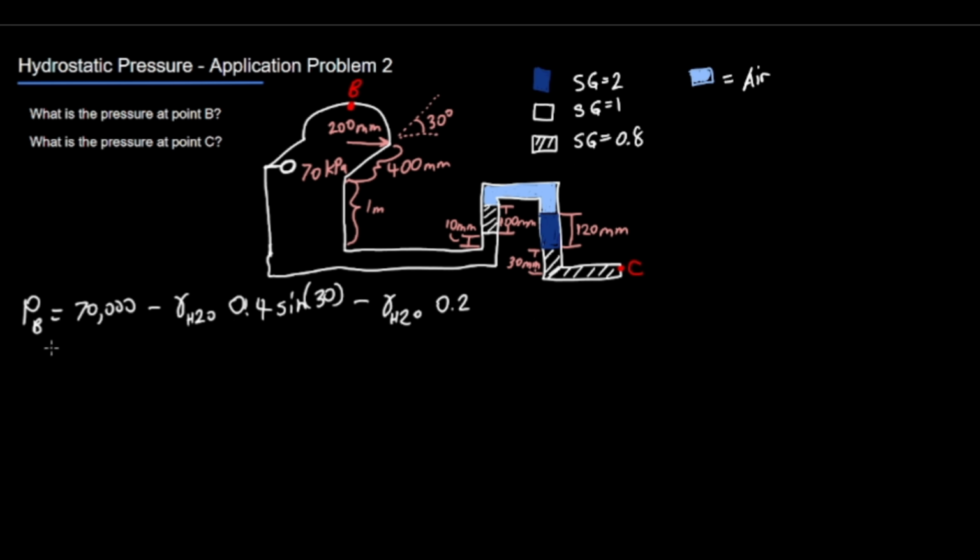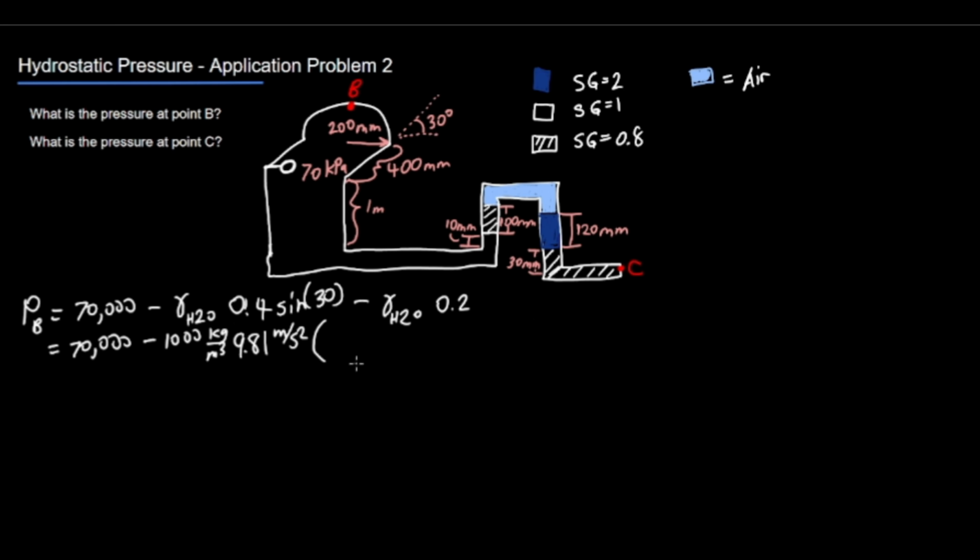All right, and so we will plug in our numbers. We will have 70,000 minus 1,000 kilograms per meter cubed times 9.81 meters per second squared.